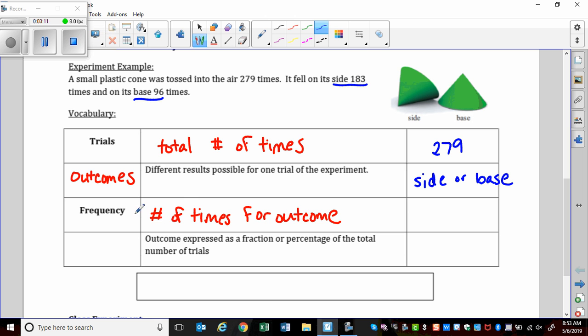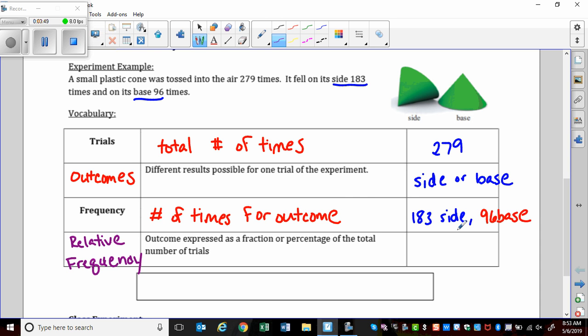The frequency is the number of times per outcome. So it looks like there was 183 for side. And then we have 96 for base. And then this one might be new to you. This is called the relative frequency. The relative frequency is the outcome expressed as a fraction out of the total number of trials.